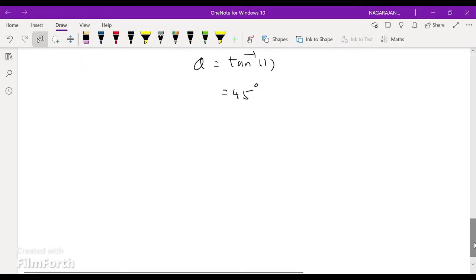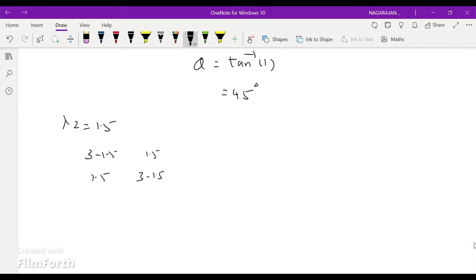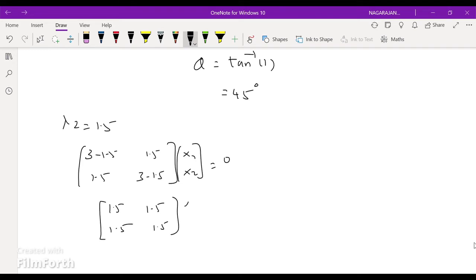Let's find the second eigenvector for 1.5. So [3 minus 1.5, 1.5; 1.5, 3 minus 1.5] into [x1, x2] equal to 0. So [1.5, 1.5; 1.5, 1.5] into [x1, x2] equal to 0.